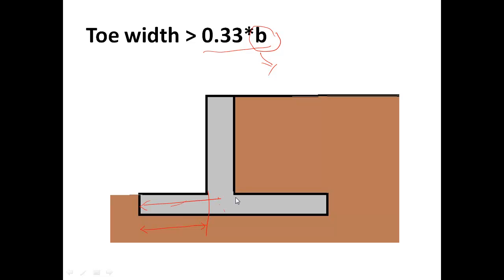If the total width of the base slab is given as D, then the toe width will be greater than 0.33 times the width of the base slab. We can take a larger toe width, but it will be costlier. So we should assume a cost-effective toe width, so that the structure will be stable and economical.